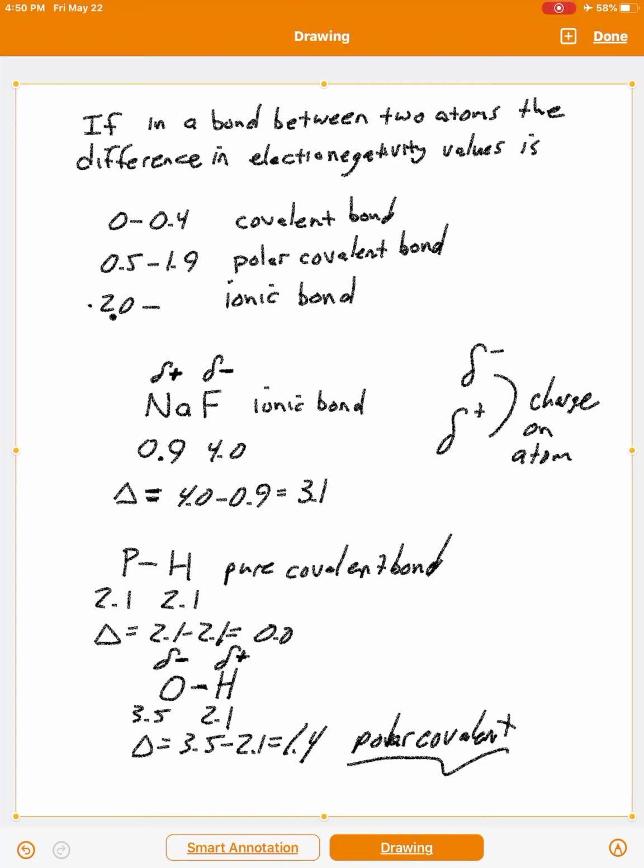These two electrons, which we're just representing as a simple little line, are actually more concentrated on the oxygen and less concentrated on the hydrogen, resulting in a negative charge here and a positive charge there. Okay? There are more details of this. We can talk about dipole moments, partial charges, and percent ion character, which we'll talk about in a separate video.